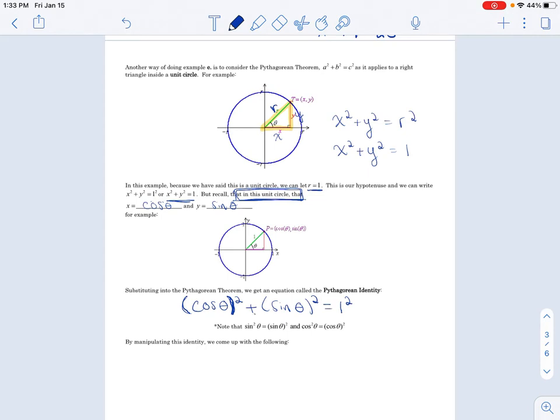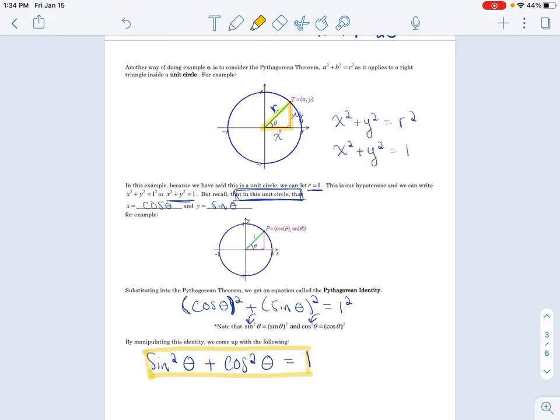So that's why they created a shorthand where they put the 2 between the function and the theta. So I'm going to rewrite it how you'll see it in your book. Sine squared theta, so this is just your shorthand for writing something squared, plus cosine squared theta equals 1. So this is how you'll see it in your book.